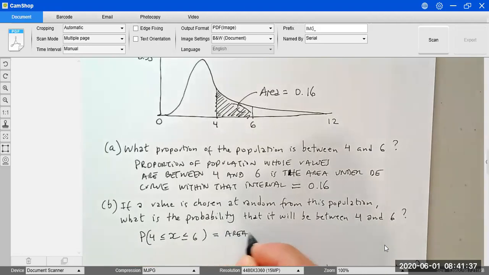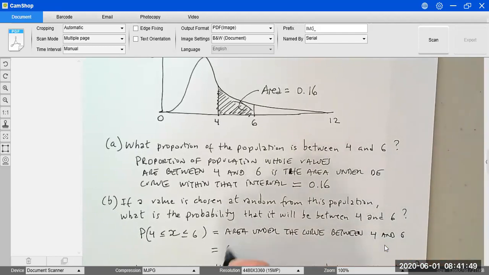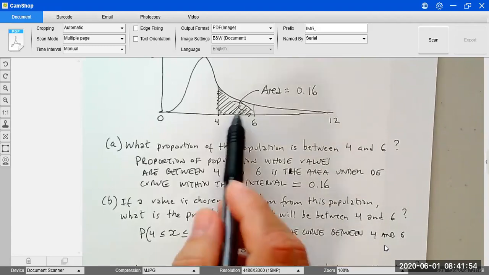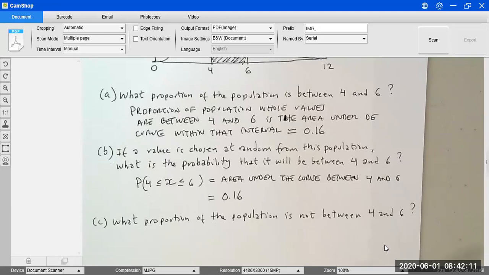It's again the same thing, the area under the curve between 4 and 6. And what is that area? 0.16. So you're going to have two ways to interpret the area under the curve. You're going to need to read your problem carefully. If they are asking you about the proportion of the population between two values, it is the same as if they are asking what is the probability that you pick a value and the value is going to be between 4 and 6.